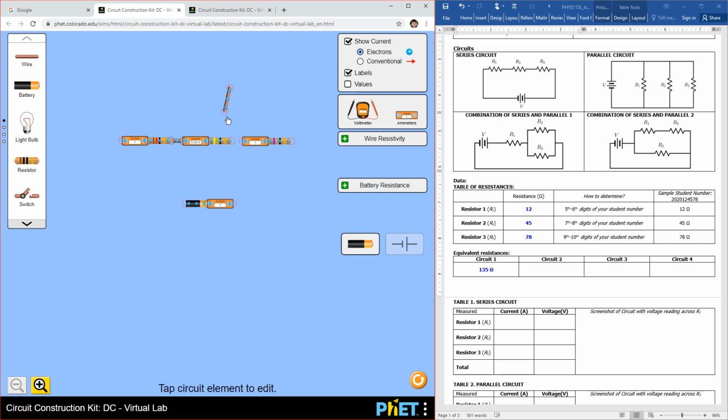Then make another wire like this and like this. Then you can make another wire like this, and then another wire here, connect it here, and connect it here. We're going to use two more wires. You don't have to use a switch because it's just a simple circuit.